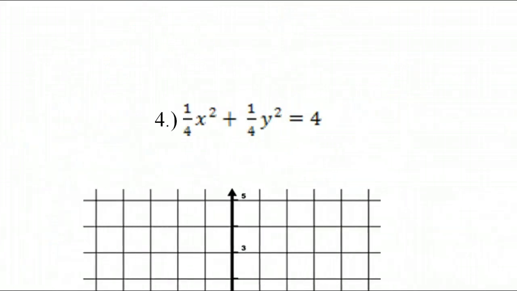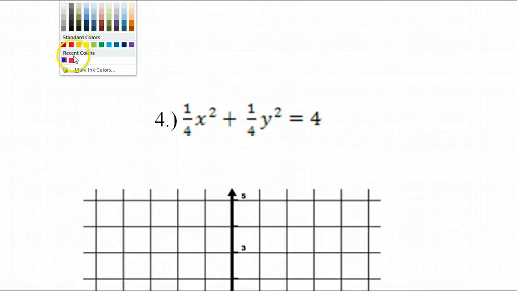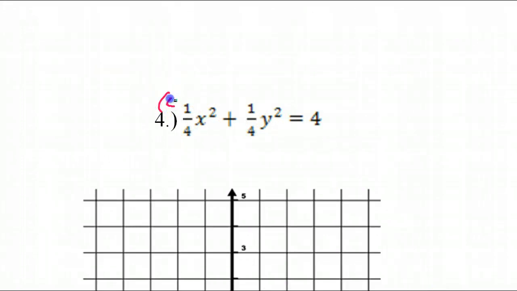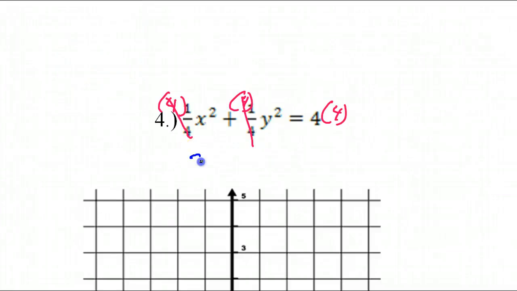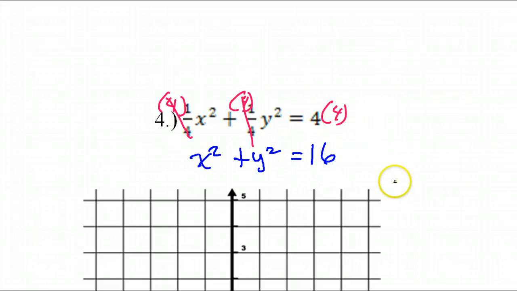Okay, number 4. The easiest thing to do here would be to multiply everything by 4. So that would give me x squared plus y squared is equal to 16.